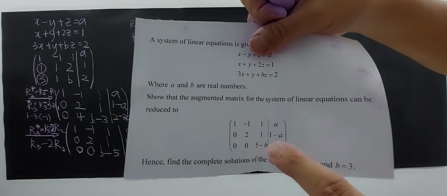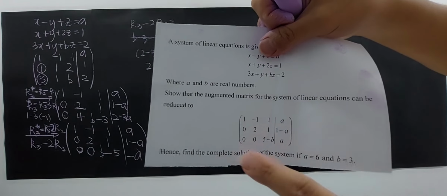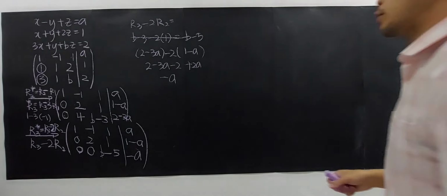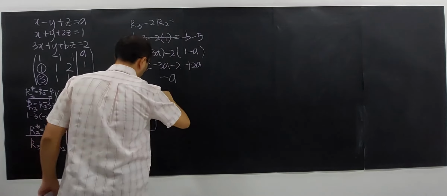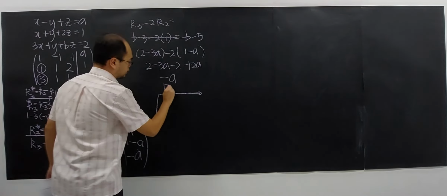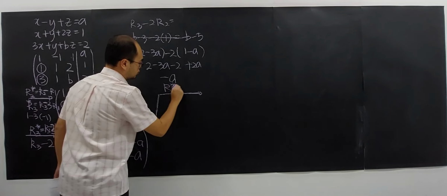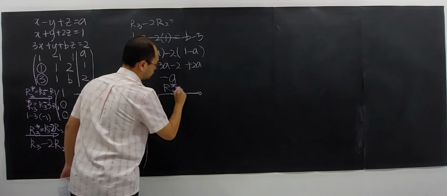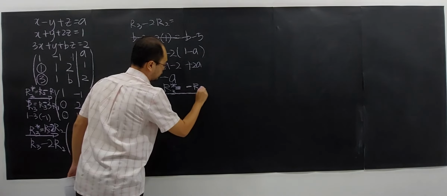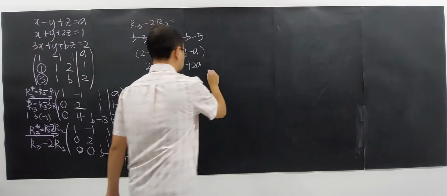So I'm going to take the third row with one more elementary row operation, where I take the third row and multiply with a negative.